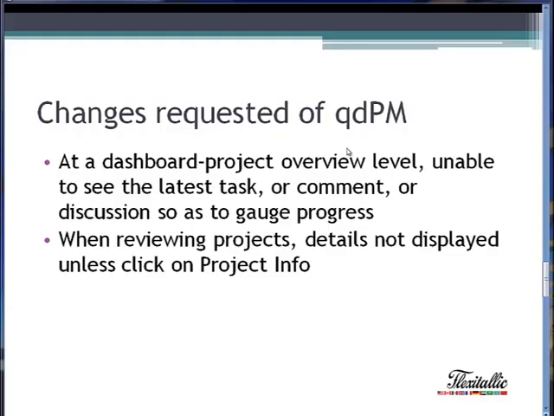So in working with qdPM, we've noticed a few quirks about the software that were particularly more annoying than others. In particular, at the dashboard project level, we were unable to see the latest task or the latest comment or discussion whenever we looked at the view of all the projects.